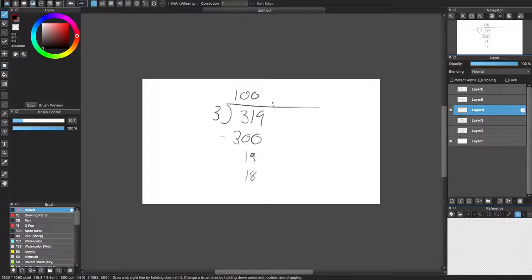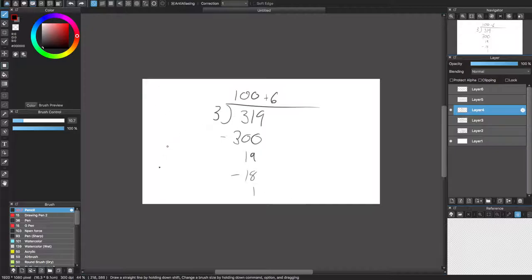So that'll be 6. So 18 divided by 3 is 6. So we add that 6, and we minus that, and we're left with 1. And there's nothing smaller that divides into 3, but we could get to decimals, it'll be plus 0.3. But usually this is where you stop, and we have a remainder. This is called the remainder.